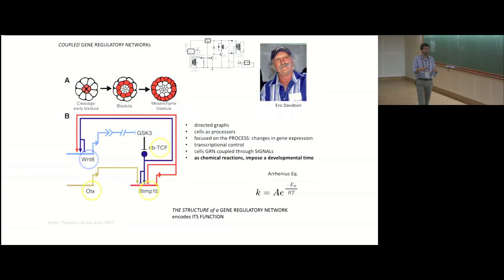It happens with some delays. And because they are chemical reactions, and this is important, they impose a developmental time themselves. So the delays built in here are the delays that actually mark the pace of development. You cannot go faster than these chemical reactions. Okay, so that's important as well.